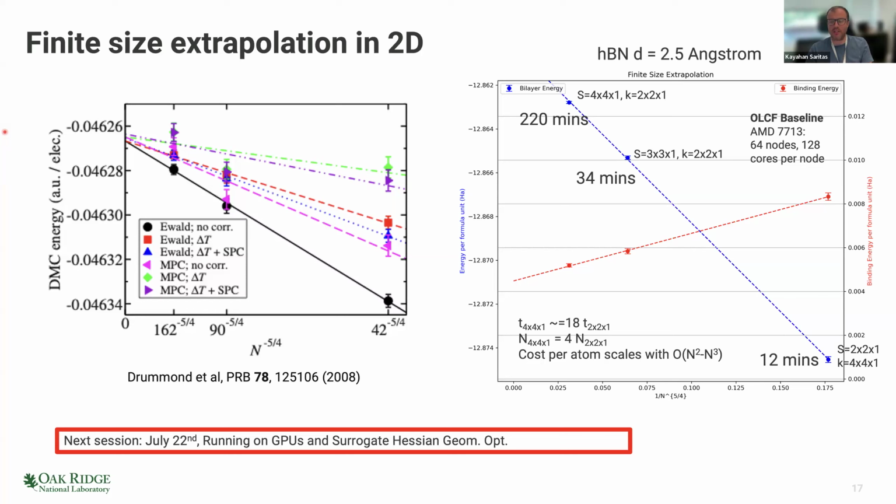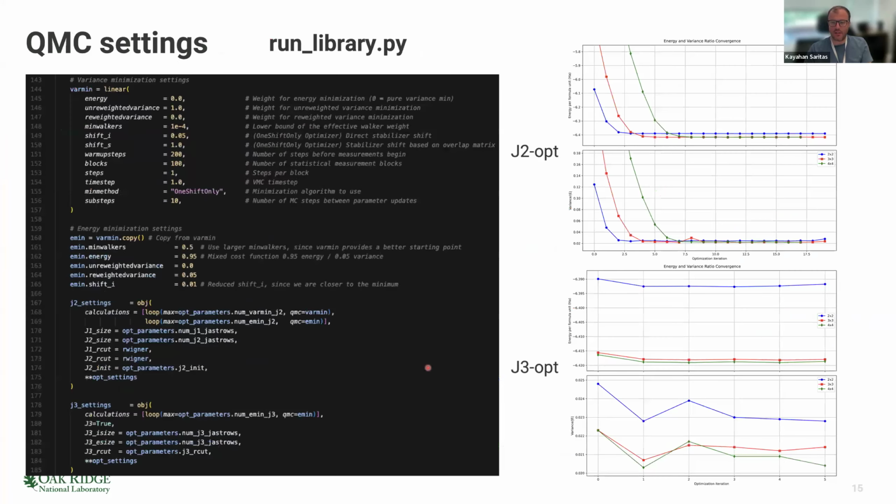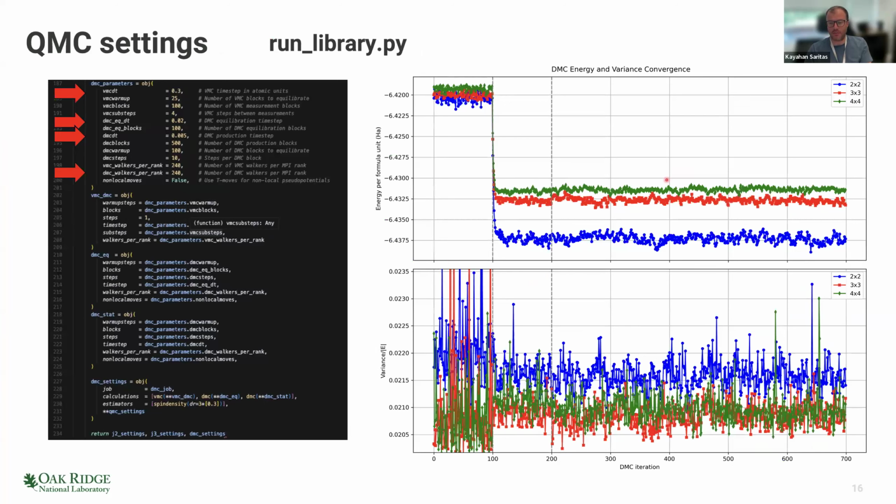Some of that is already done by Nexus to a large degree, but the data in here is telling you, by looking at it visually, that you have already accumulated a significant number of statistical steps, and you don't need to run the calculation any longer than this, except if you want to get a smaller error bar.